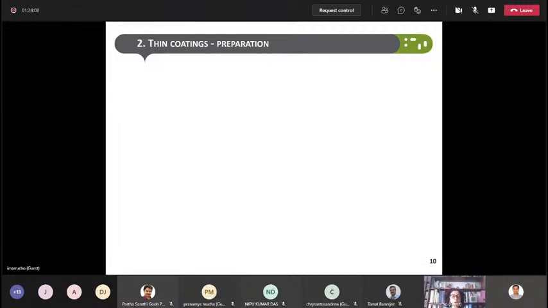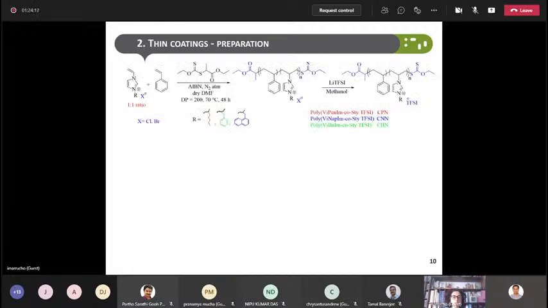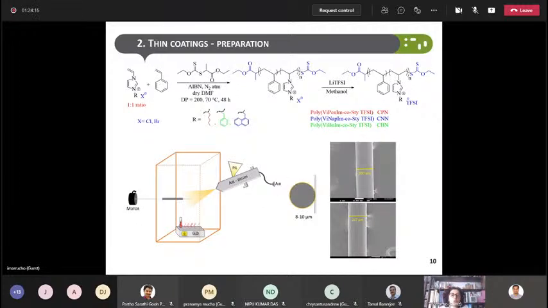However, as I told you, we were not happy with our performance with the thick coatings, because it took a long time to desorb the analytes inside of the GC oven. So we thought about preparing some thin coatings.